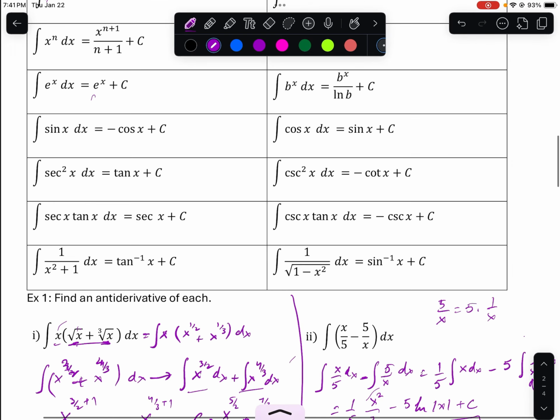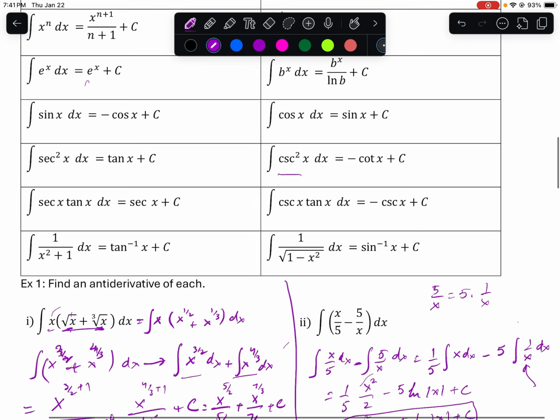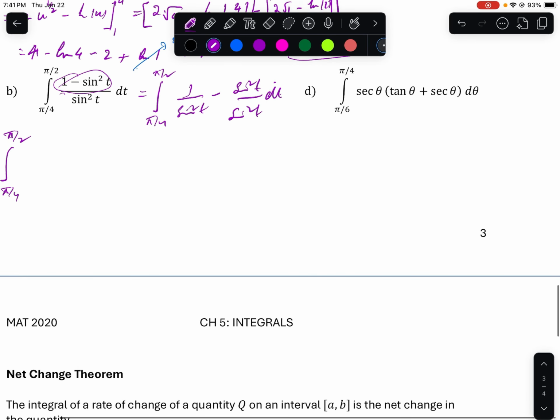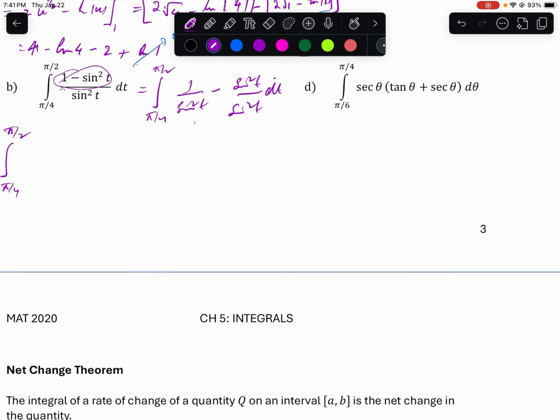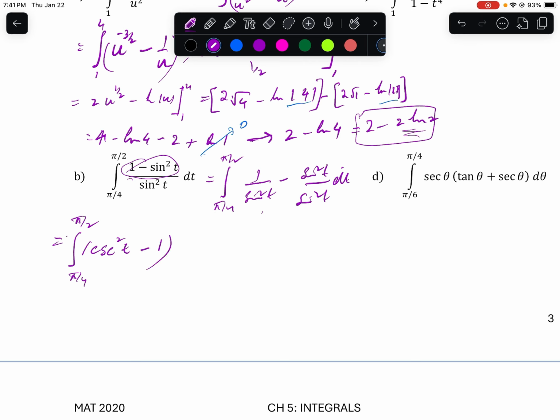You don't see something like that, but I am seeing this one, cosecant square x. 1 over sine is cosecant, so 1 over sine square is cosecant square t. We have cosecant square t, and this is 1 minus 1 dt.